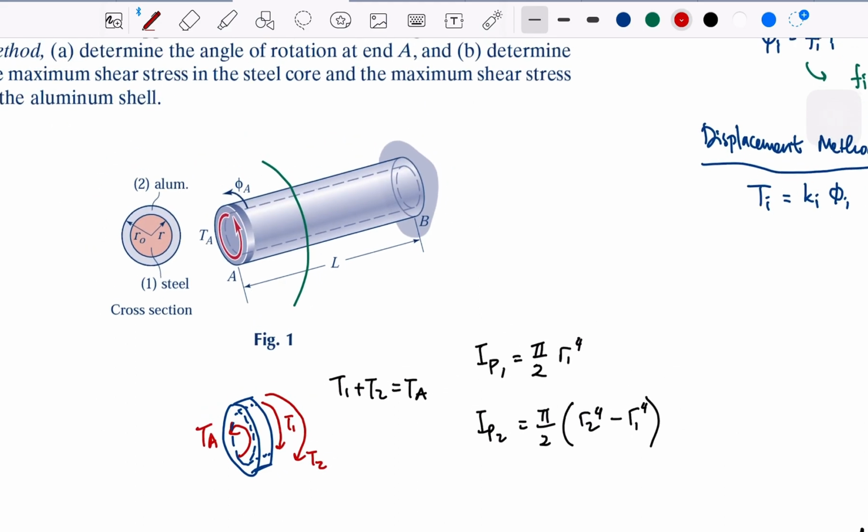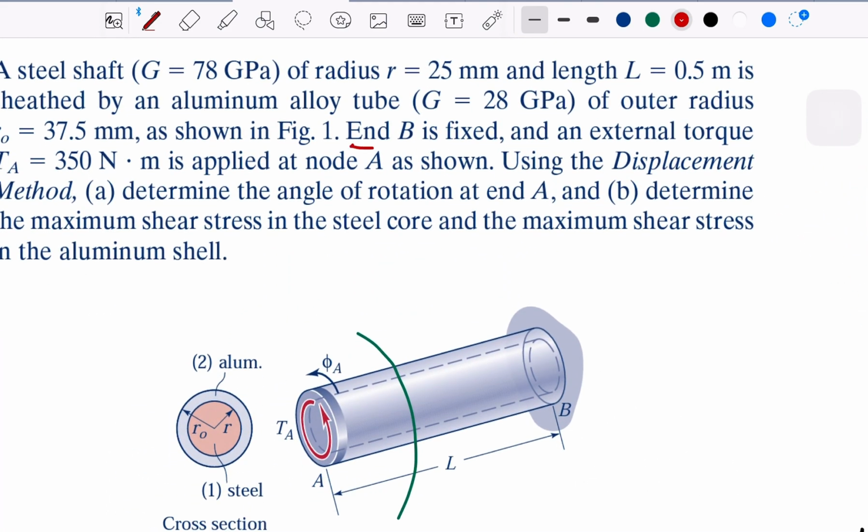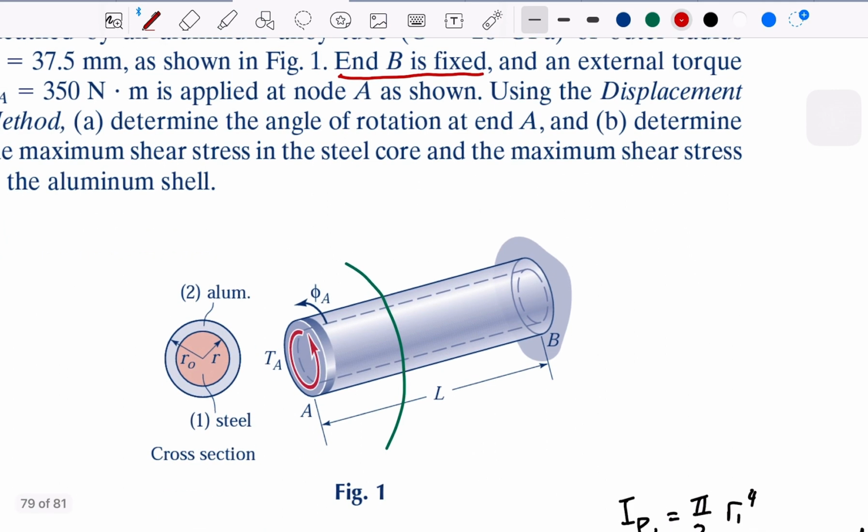B is fixed, so whatever happens in B, it doesn't really have any deformation because it's fixed. We can assume that, because this is a wall, the angle of B is 0.